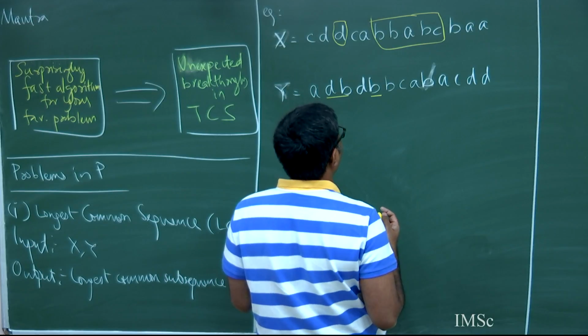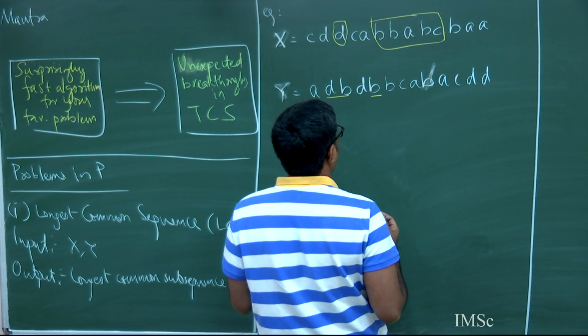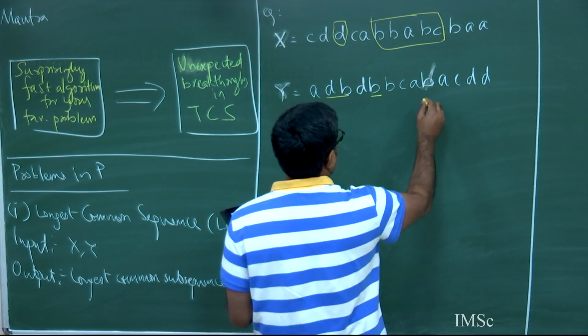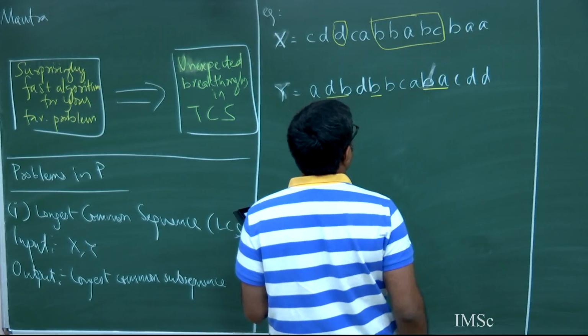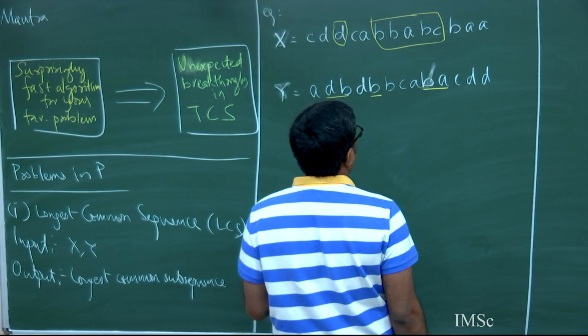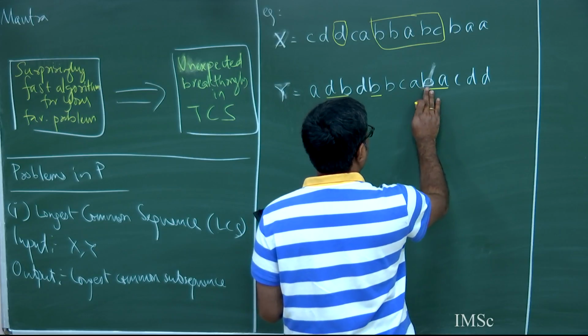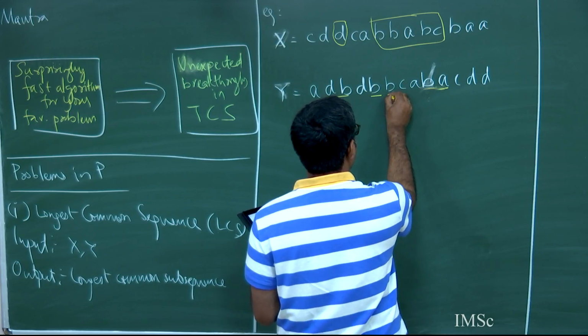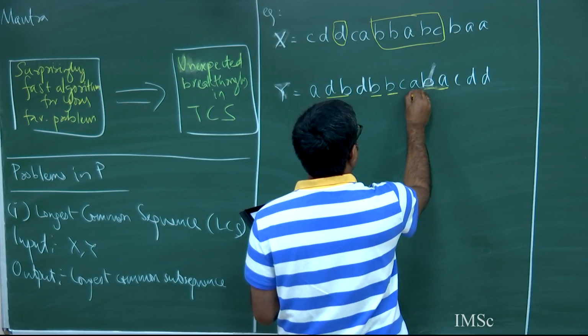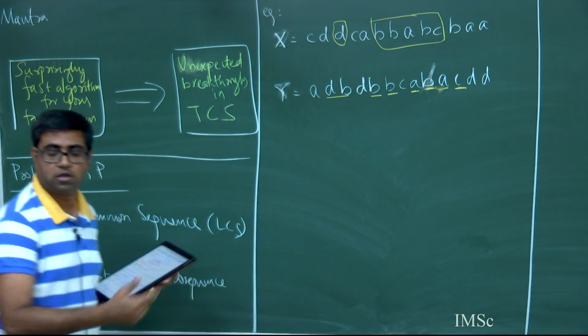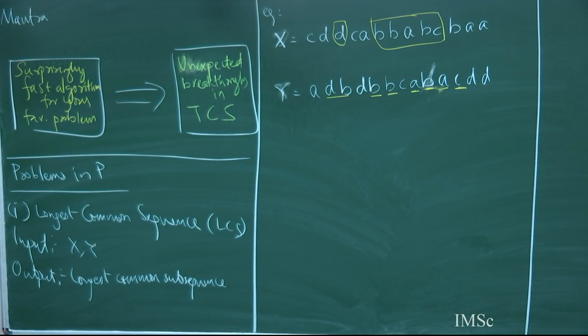And then what do we need? We need B, A. I take B, A here, but then am I stuck? Then I'm stuck, right? So basically I should take this B, then that A, this B and this C, right? So this is the longest common subsequence between them, okay?